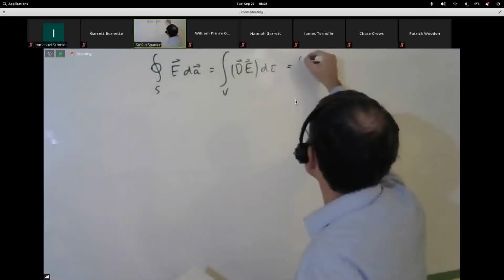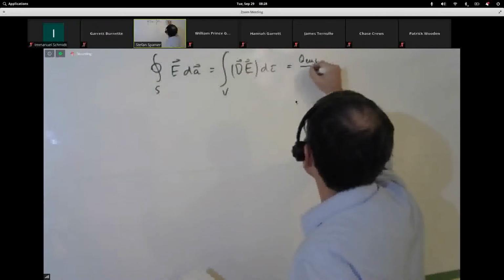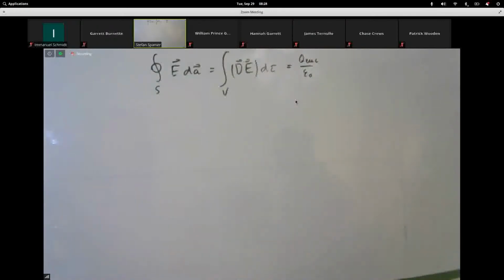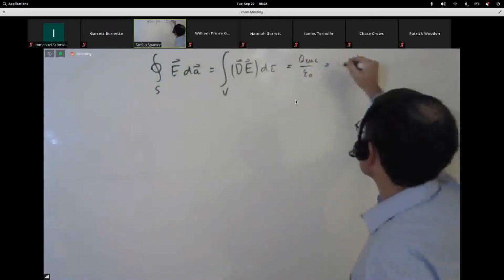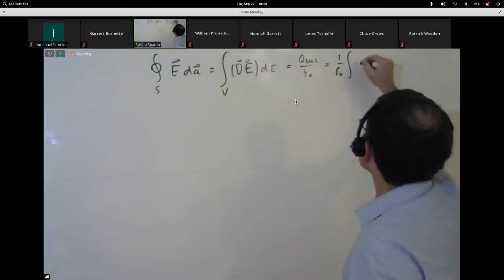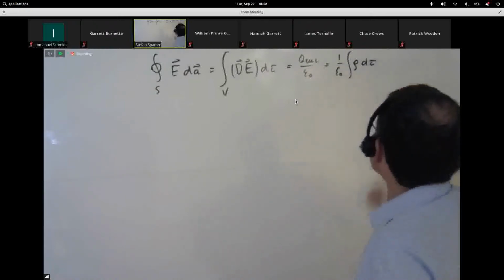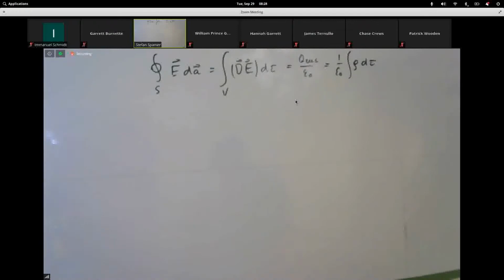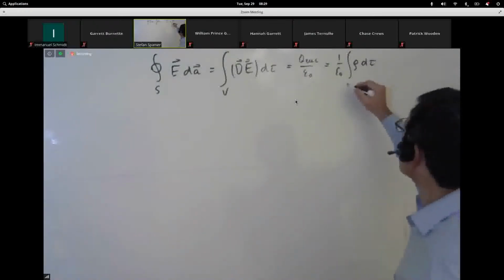We also know this is the enclosed charge over epsilon 0. And we just had it, this is 1 over epsilon 0 times the integral of the charge density distribution. And so here it is kind of ready.